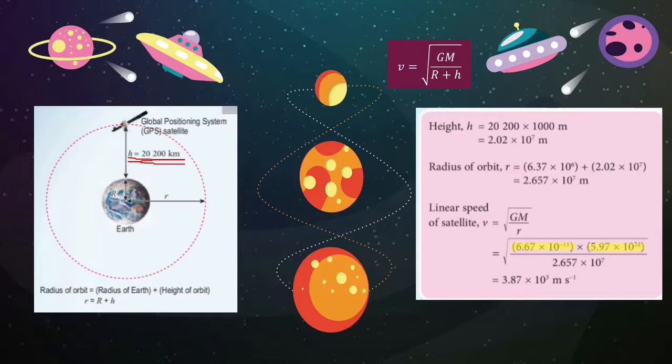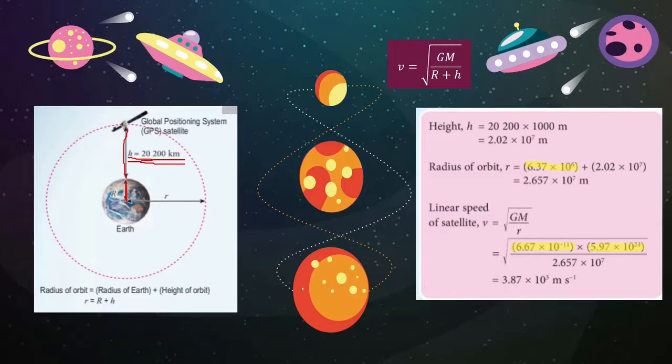H is the height from the Earth's surface to the satellite. Now we need to find out the radius of the Earth. The radius of the Earth is 6.37 times 10 power of 6.